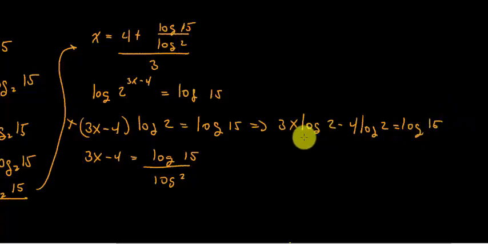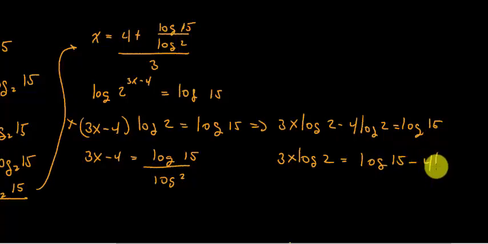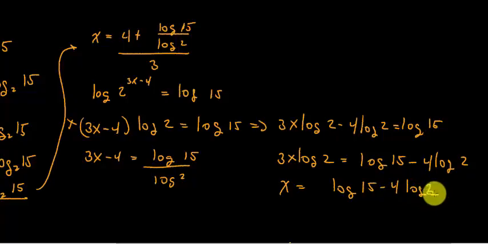And then from here, if I add this to the other side, I would get 3x log base 10 of 2 is equal to log base 10 of 15 minus 4 times the log base 10 of 2. And then I would divide by 3 log base 10 of 2, and that would give me x is equal to log 15 minus 4 log of 2, and then all divided by 3 log base 10 of 2. And this expression, you will discover, is exactly the same.